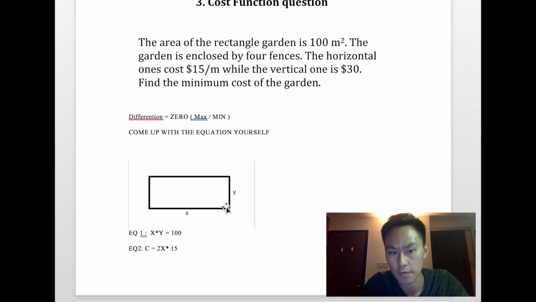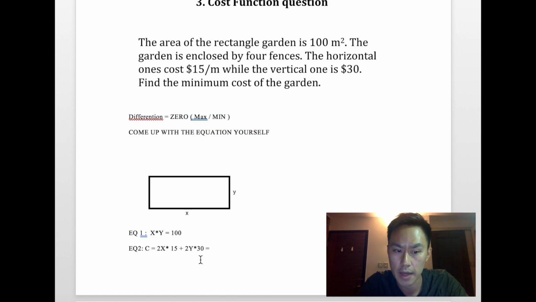Plus how many vertical y's right here? The vertical one costs $30, so that is 2y times $30.